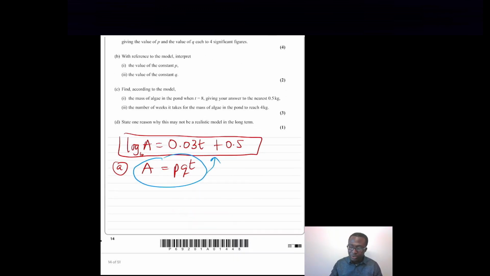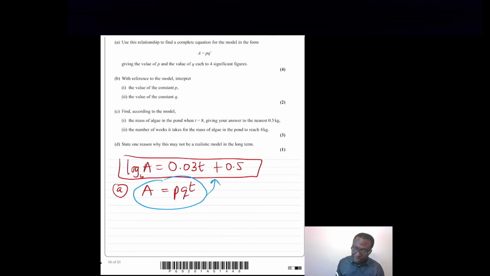All right, so from the red box, I could see that A is the same as 10 to the power of 0.03T plus 0.5. Okay, that's what A is.